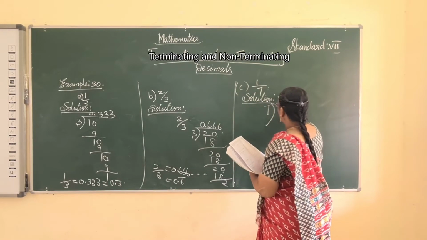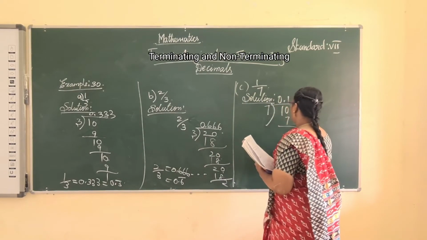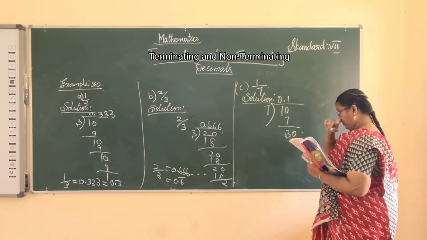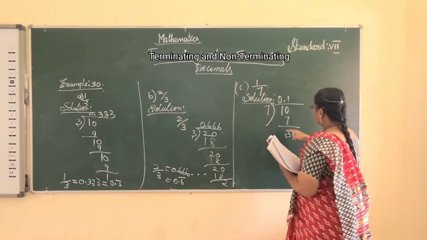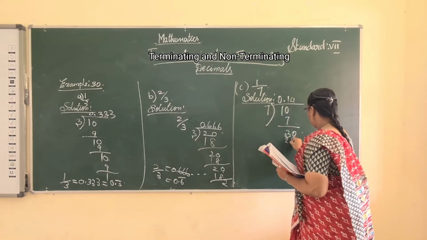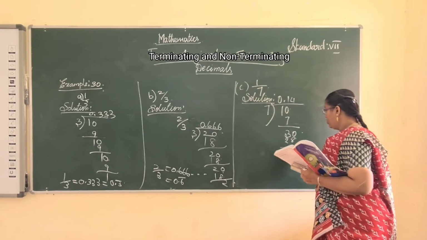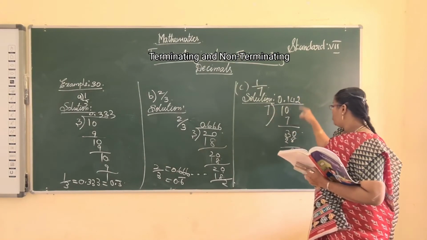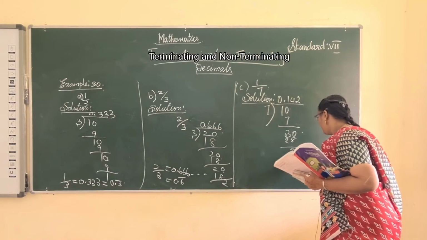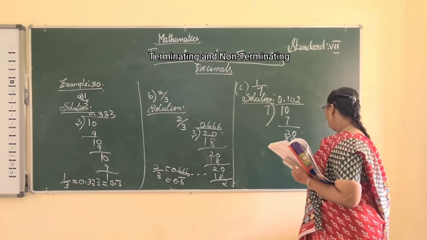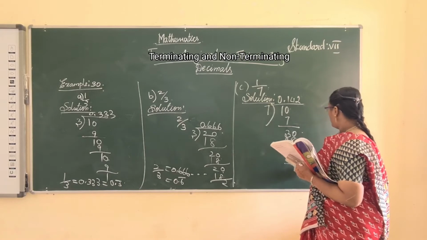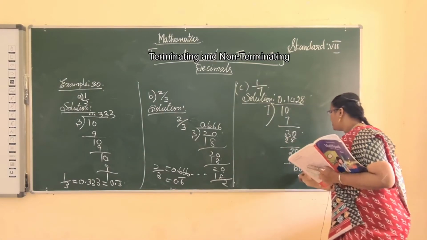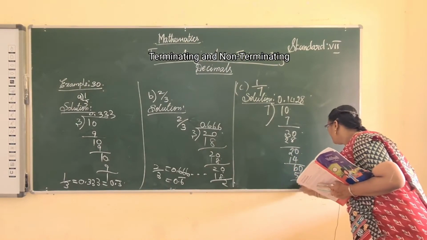Add 0, 7 times 1 is 7, remaining 3, 0. 7 4s are 28, remaining 2, 0. How many times? 7 2s are 14, remaining 6. Add 0. How many times? 7 8s are 56, remaining 4.